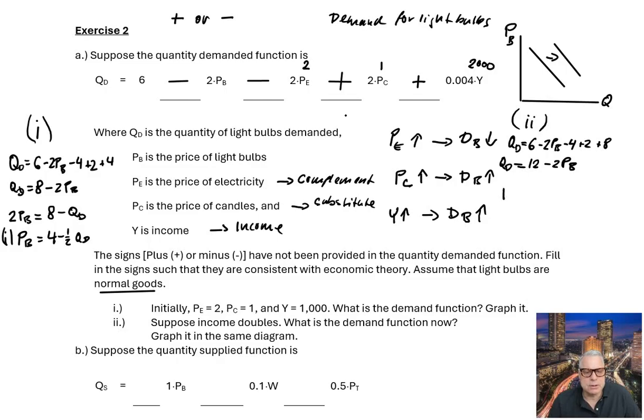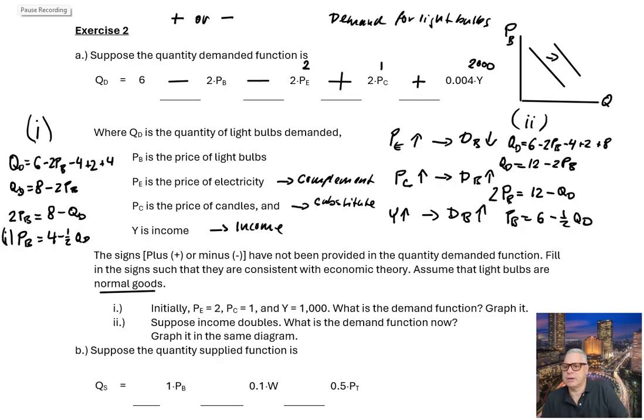So we have 2 PB equals 12 minus Q, and then we divide both sides by 2, and then our final inverse demand function when income is 2000 is now 6 minus 1/2 QD.